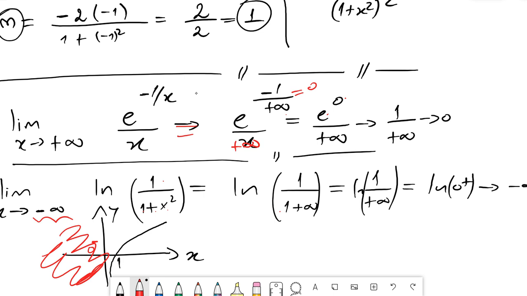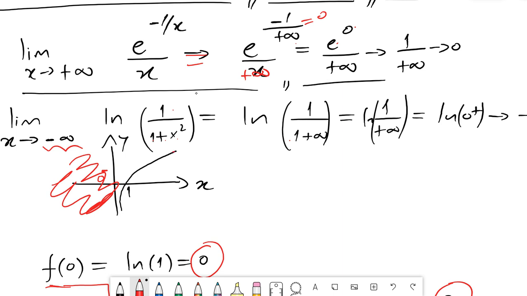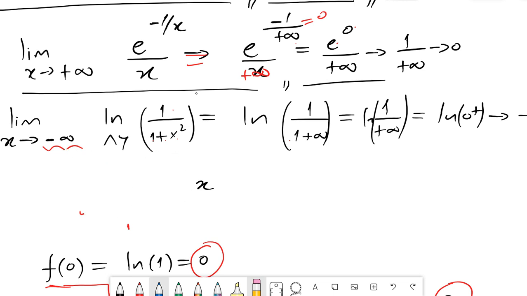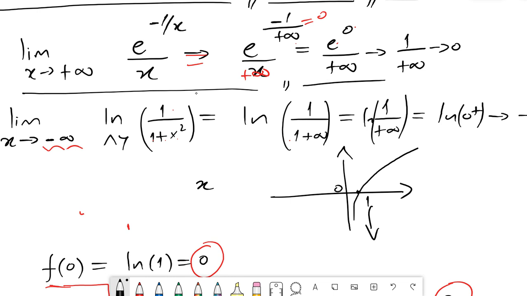Okay, so this is right. We are really terrible at this. Okay, so that's simply ln, this is value 1, right? 0 plus, this is 0, so the function goes here to minus infinity.